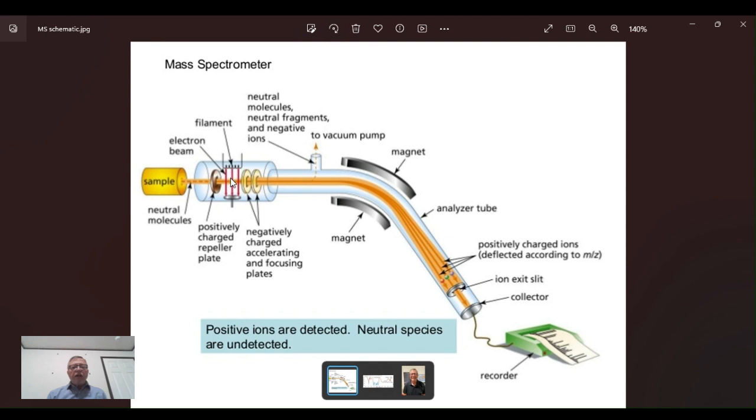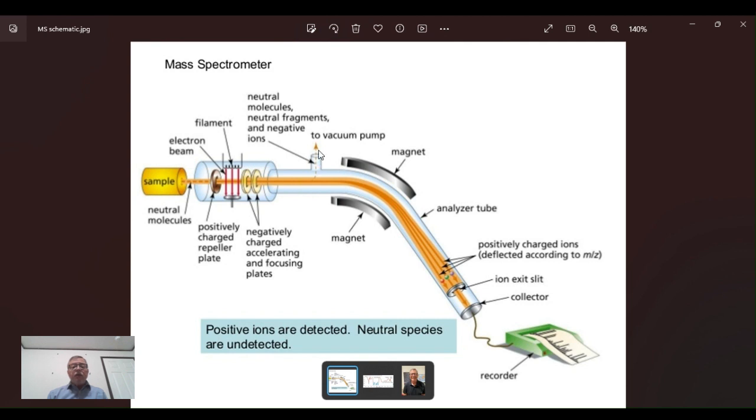We want to knock electrons out of the sample so that it turns into a positive ion, and then it is accelerated towards these negatively charged plates. And you can see this has to be done under a vacuum. If it's not done under a vacuum, then we're getting air molecules and trying to ionize all that kind of stuff, which doesn't make any sense.